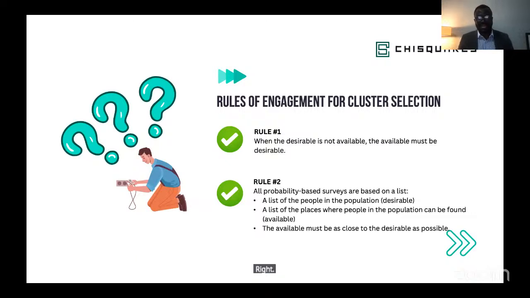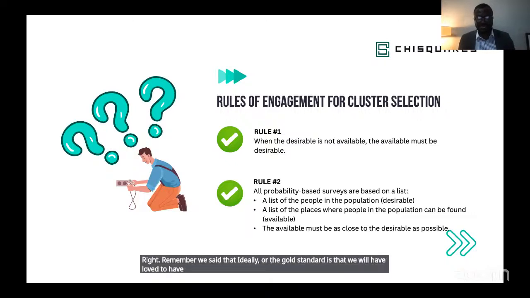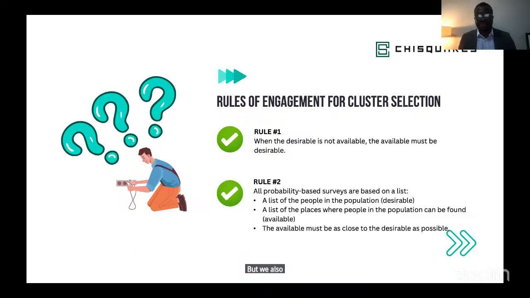Remember we said that ideally, the gold standard is that we would have loved to have a simple random sample where we have a list of everybody. So remember I said the spreadsheet of individuals is something we must have to do a simple random sample. But we also agree that it's not every time that we have a list of everybody in the population.